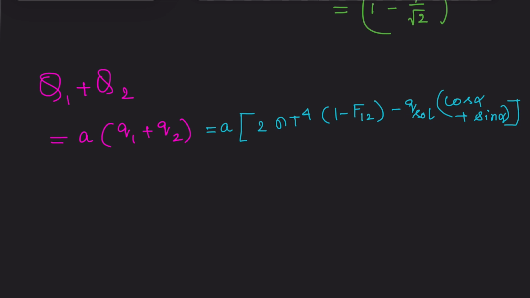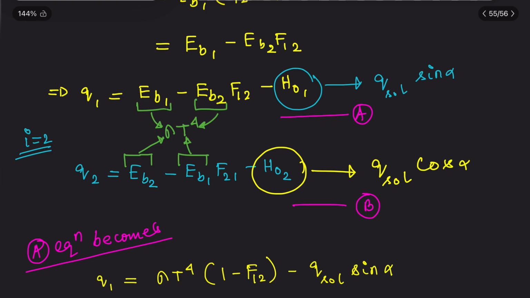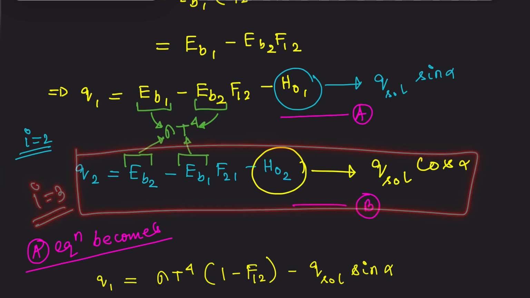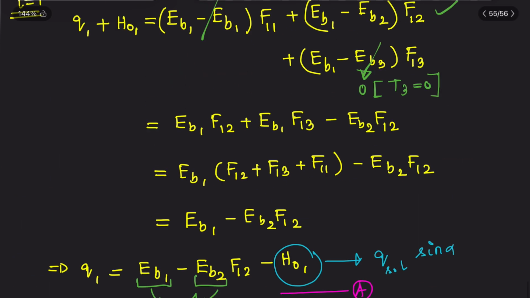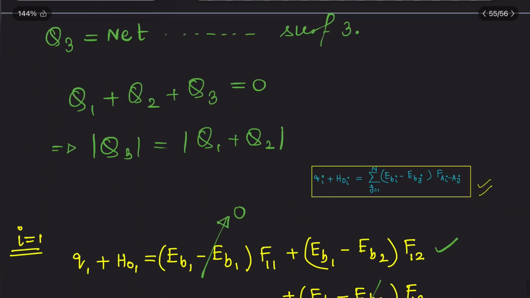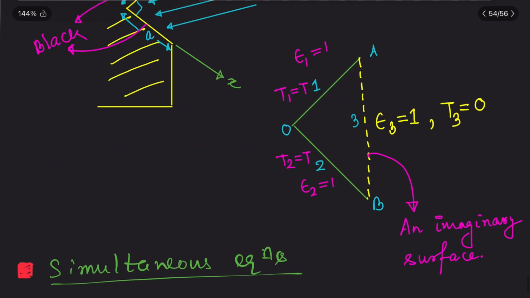If you can, you explore the option that from this, you can write an equation of this type for i equal to 3 also. You write that equation and you see what you are getting. Now for that I am asking you, what will you take as HO3? So here I am considering this surface as a black surface.